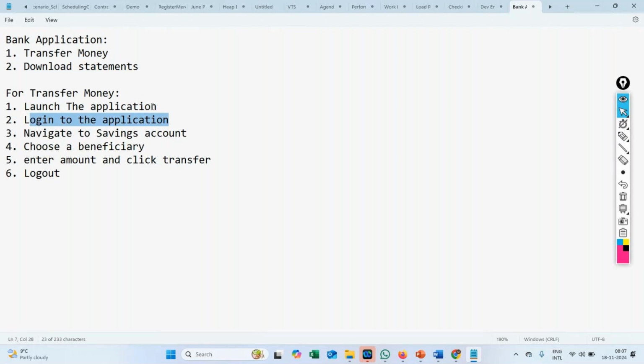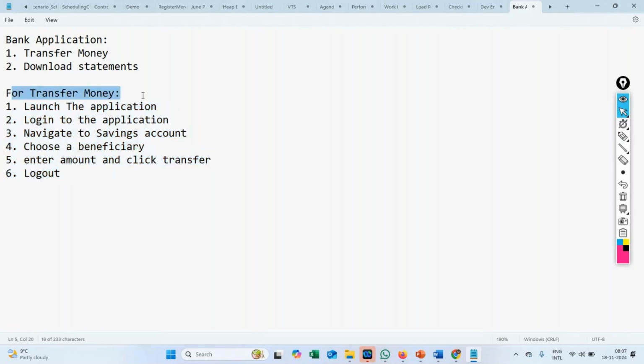So launch is one transaction, login is one transaction, navigate to savings account is one transaction, choose a beneficiary is one transaction, enter amount and click transfer is one transaction, logout is one transaction. This is the critical business scenario, and to reproduce it we need to execute these transactions, so 6 transactions for this scenario.